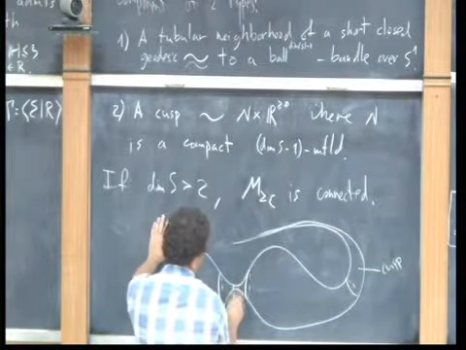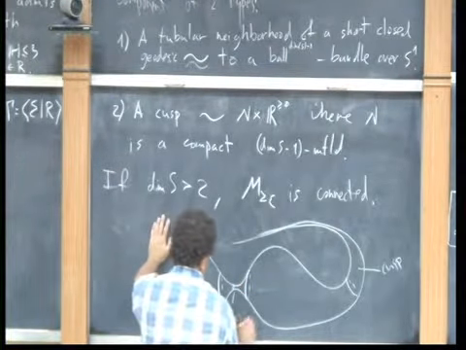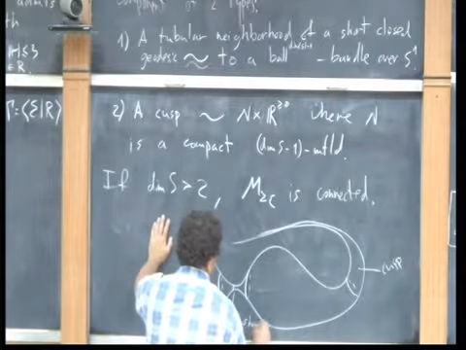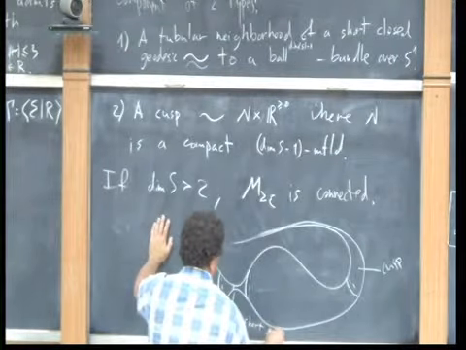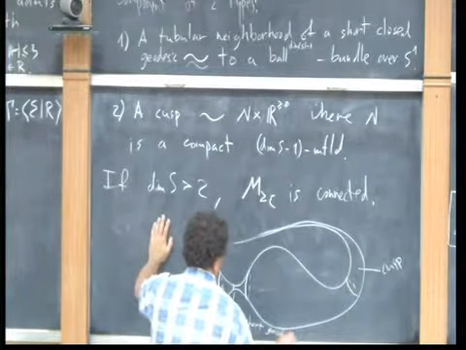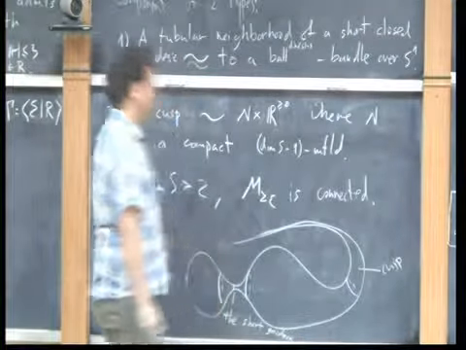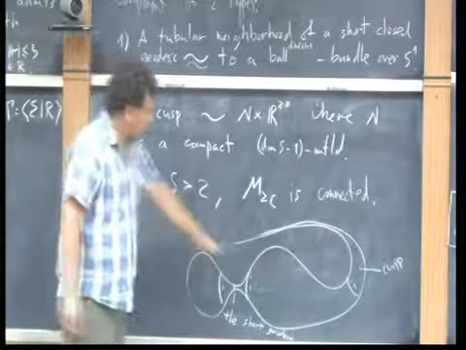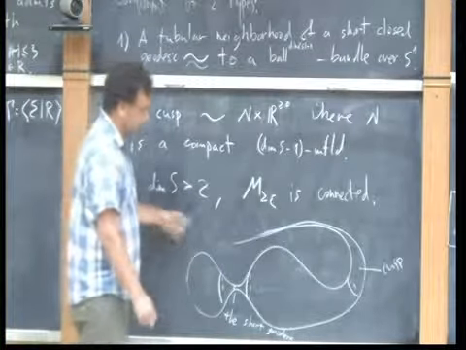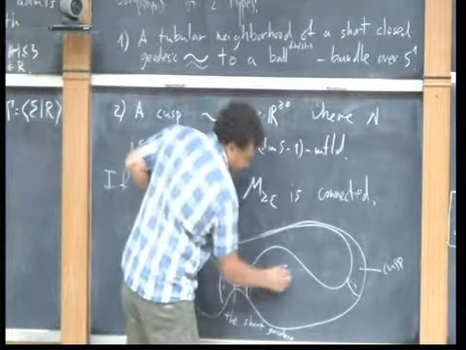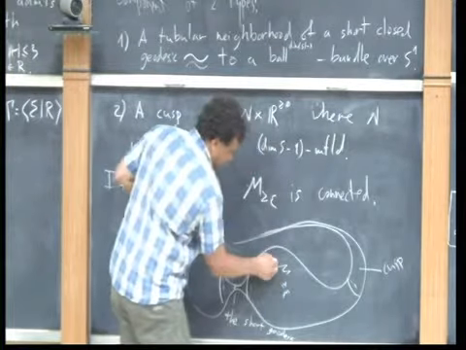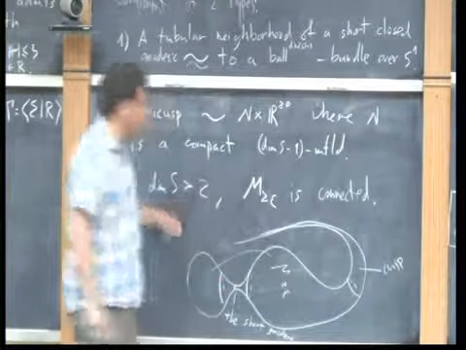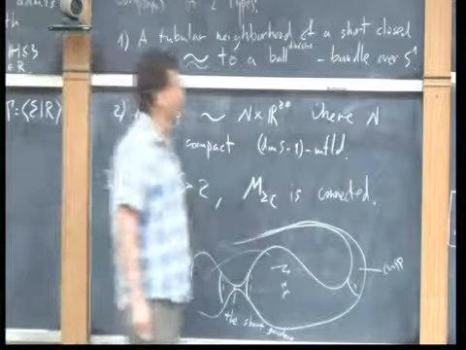This is the short geodesic. And you see, in this case, this is the thick part. This and also this. And in this case, it's not connected, but it's in dimension 2.